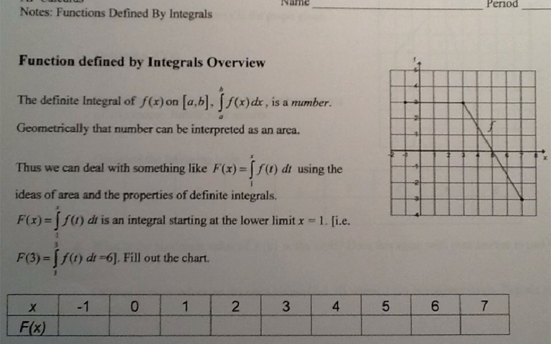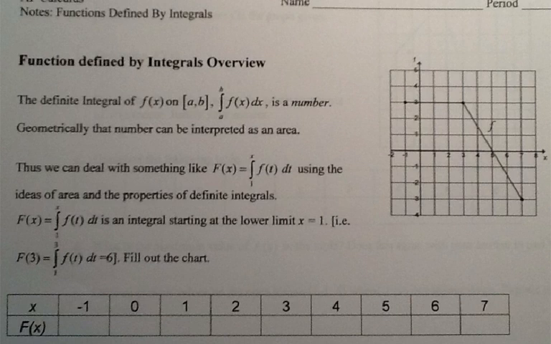This introduction says functions defined by integrals overview. The definite integral of f of x on the interval from a to b is a number. Geometrically, that number can be interpreted as an area.